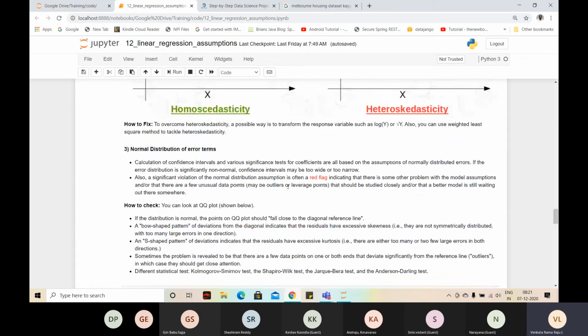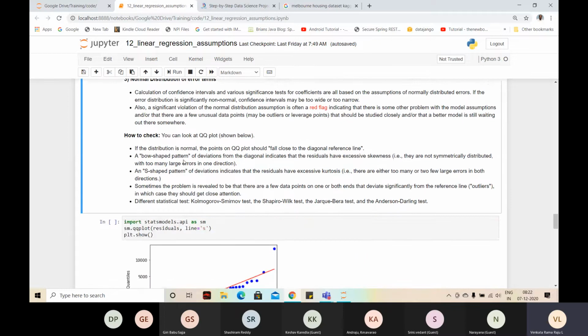If the error term is not normally distributed, even though the 95% confidence interval range is low, you cannot take it for granted. It's a kind of red flag that this linear regression algorithm is not going to work on the data set.